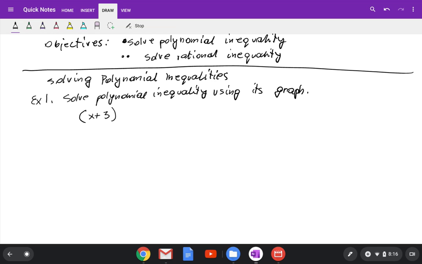So you have x plus 3 times x minus 1 to a second power, which is greater than 0. On the left side, what you have is a polynomial function of degree 3. So what we can do, first, graph the function.